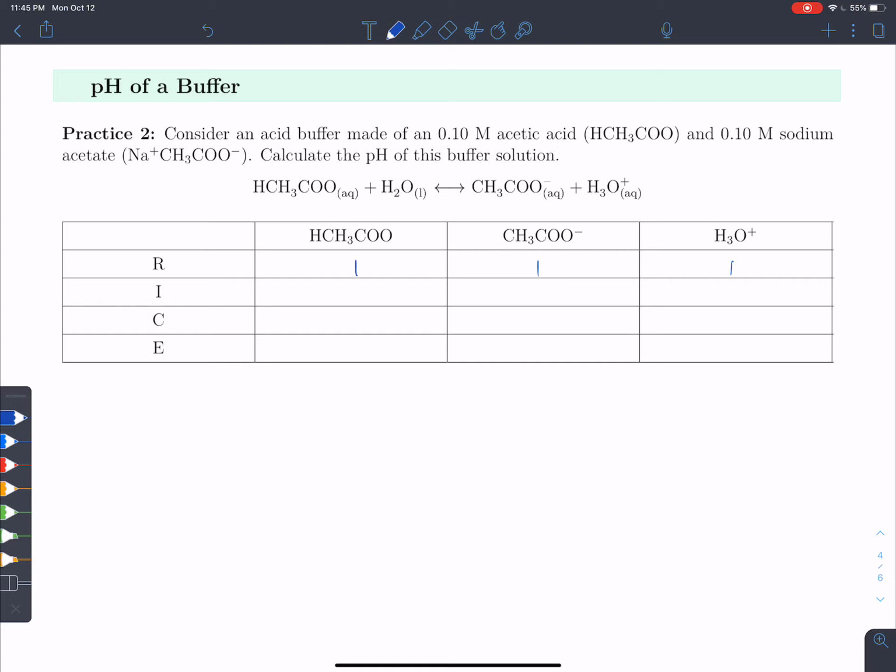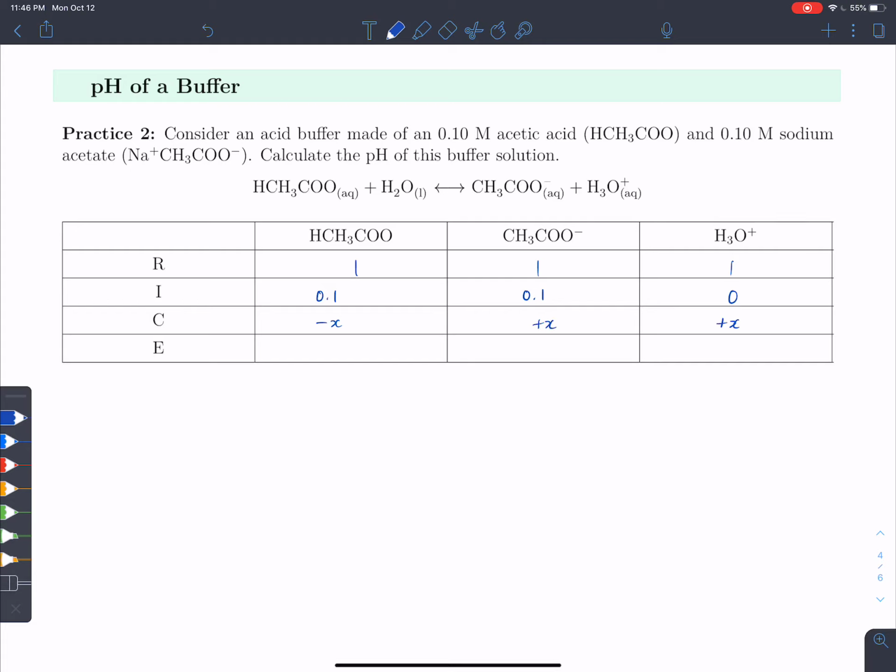We also know that the initial concentration of our acetic acid is 0.1. And for our acetate, it's also 0.1. And we know our hydronium ions have not been produced yet, so it's 0. There's going to be a change in the amount of our acetic acid, and that same amount that's decreased is going to be increased for our acetate and our hydronium ions.